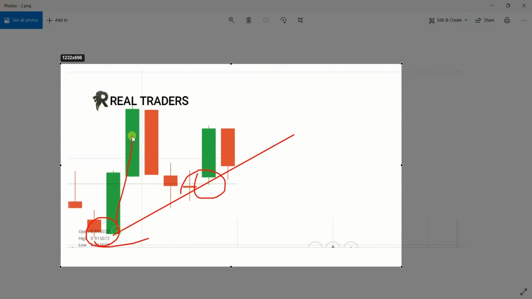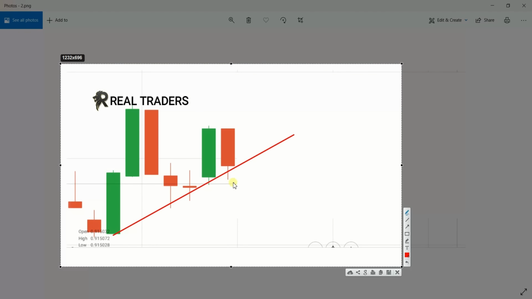You can see very strong buyers from this level, and the market closed at this support level. Here we cannot trade because there is a gap, and here it closed at the level. You can see very strong buyers entered, and here also two strong bullish candles from this level.